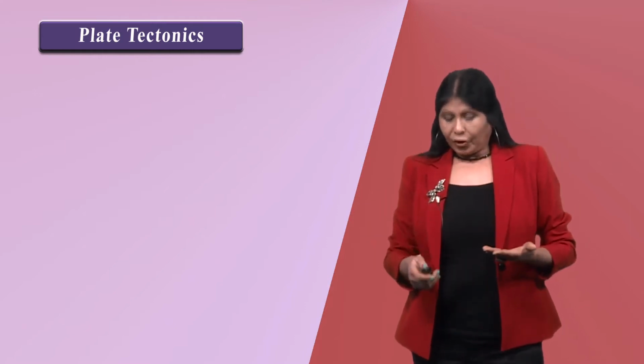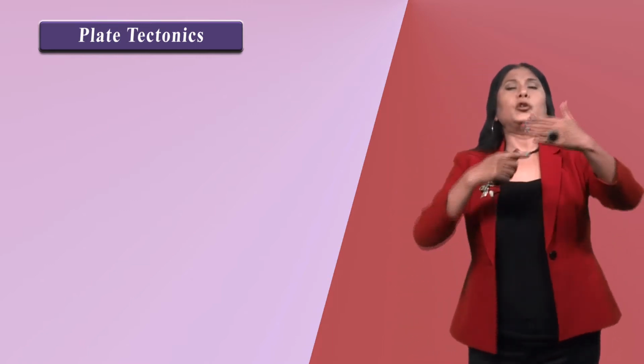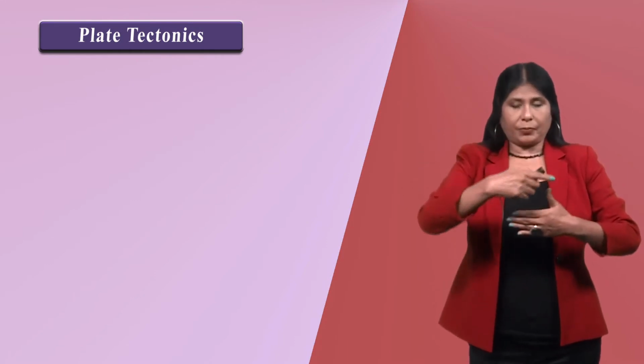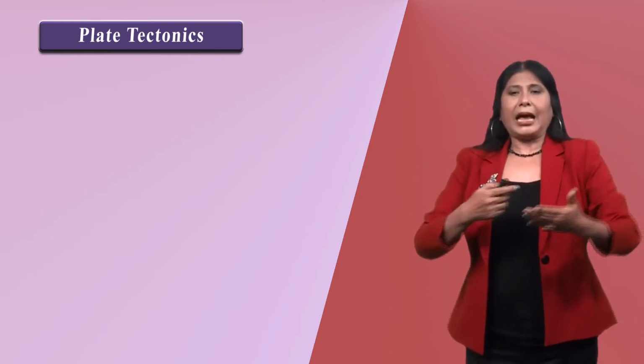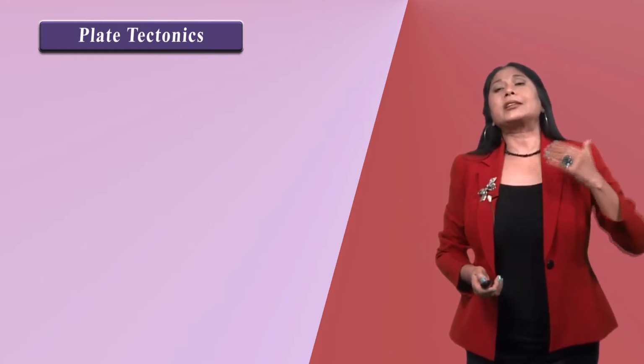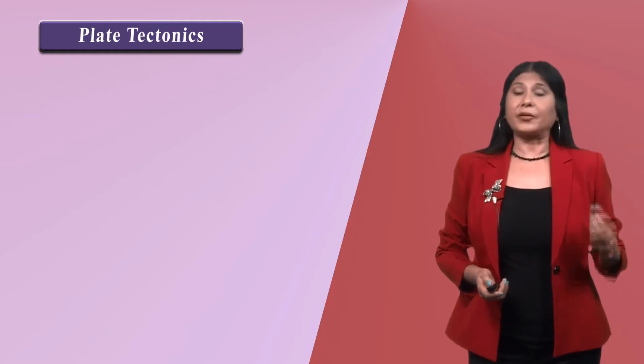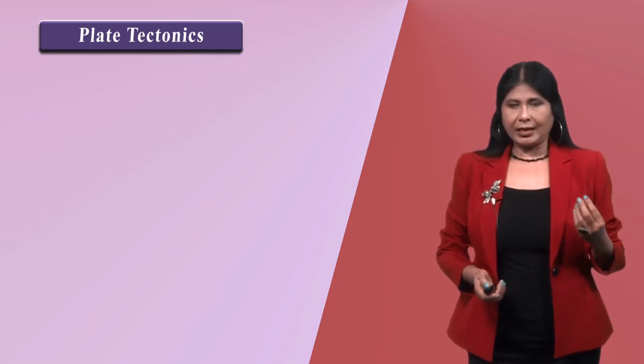So now if we look at the geological time scale, very roughly it is divided into Precambrian and Phanerozoic. Phanerozoic stands for the period after the fossils and the lives have come on the surface of the earth.